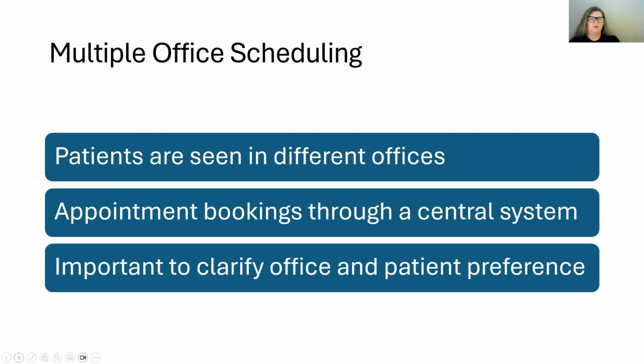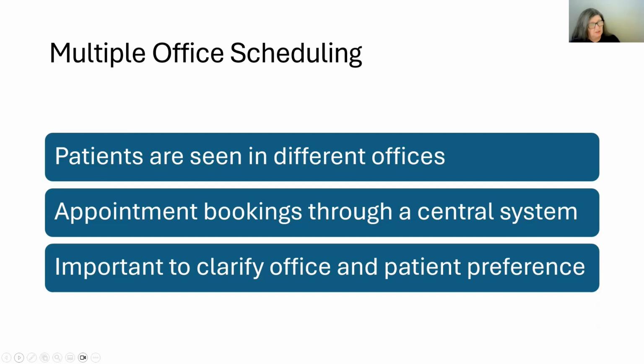You see this a lot with the big hospital associated clinics. If you have a hospital system or a health system, and then they have various clinics, primary care, specialties that are associated with that particular health system, you'll see this a lot of times. And they usually have one central scheduling area.